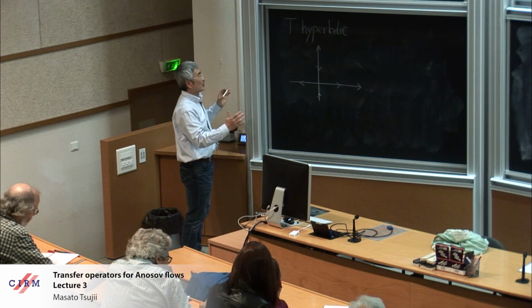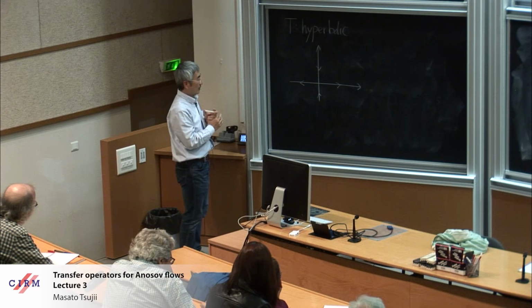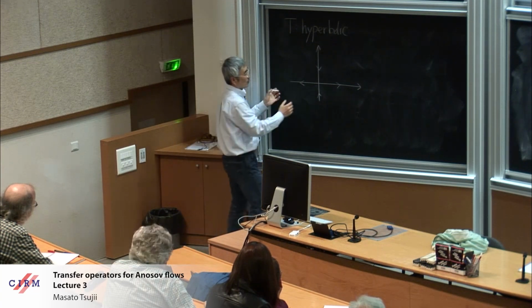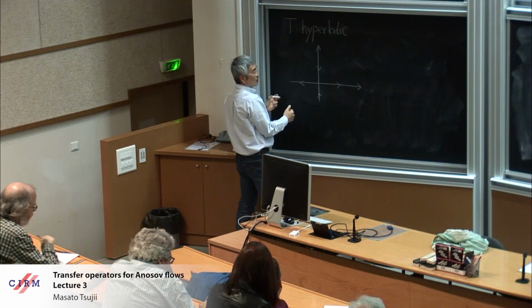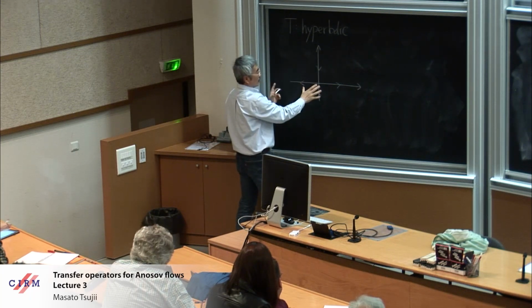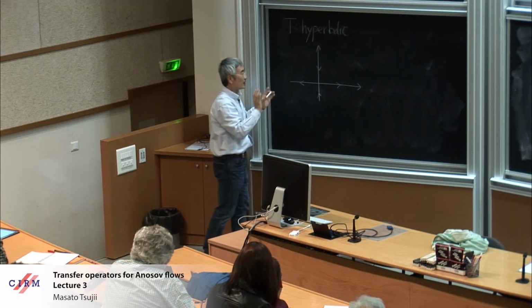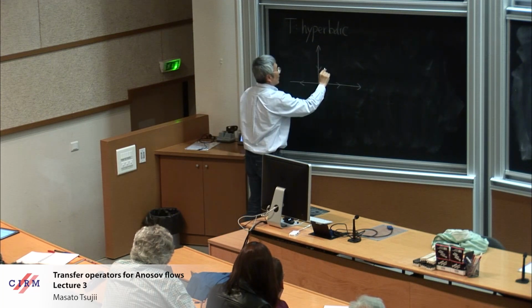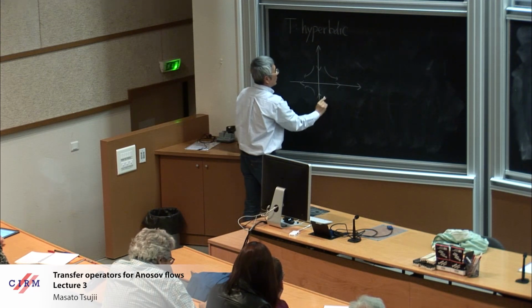We consider some hyperbolic mapping. Hyperbolic implies that in some direction it is expanding and in another contracting. Maybe you can all imagine this, and the orbit goes this way.